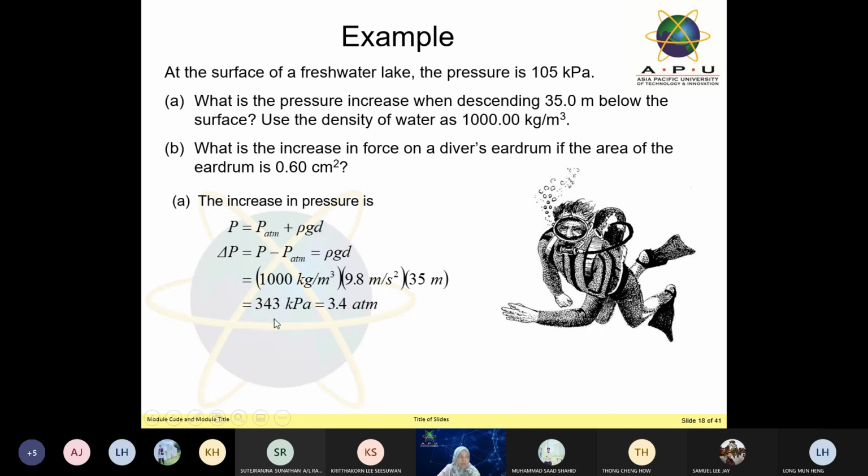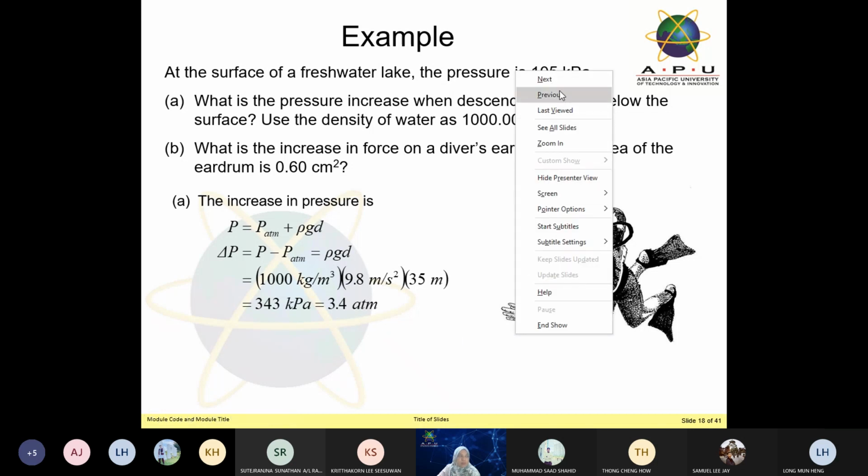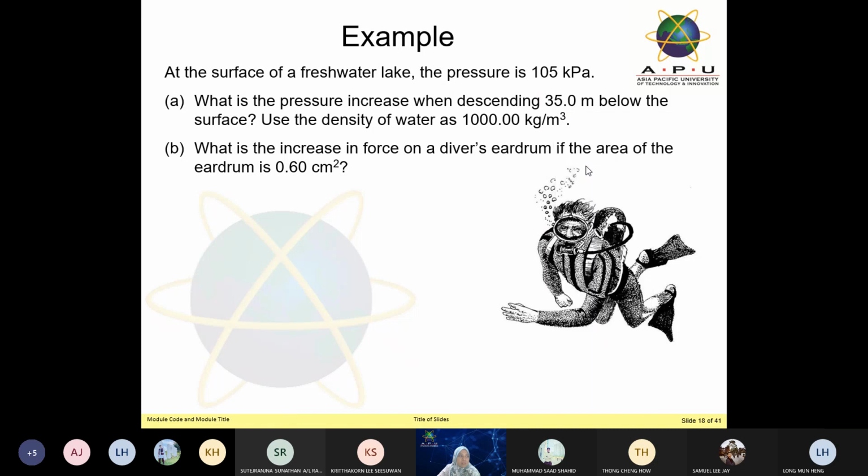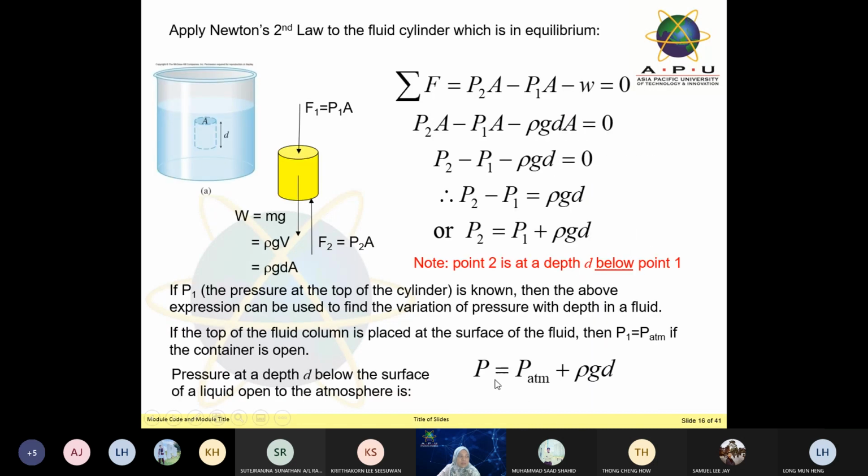Okay, after you already get it in kilopascal, you can convert it to ATM. How to convert? From the previous slide, P original just now, so you add the P ATM; P ATM is equal to P minus rho GD.